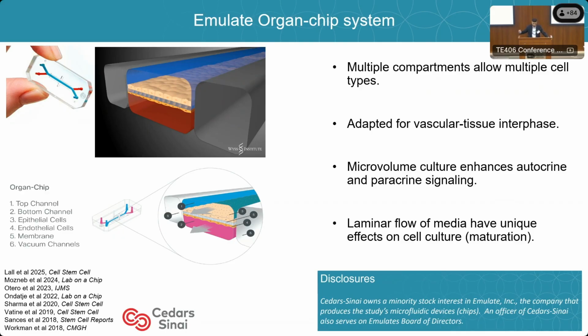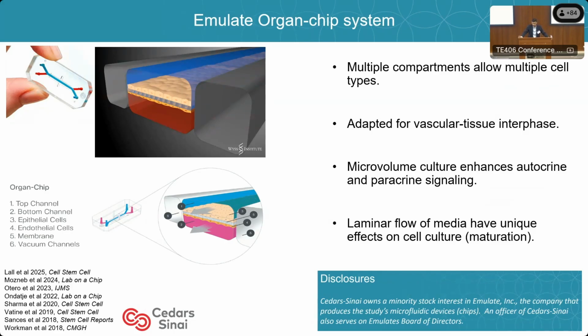For example, Clive Svensson has published on a brain-on-chip system looking at blood-brain barrier permeability with this Emulate organ chip system using brain microvascular endothelial cells combined with neurons on separate channels of this chip. My lab, and I'll talk about this in a little bit, recently published a heart-on-chip system looking at cardiomyocytes, heart muscle cells on one side of the chip, and endothelial cells, blood vasculature on the other side of the chip.